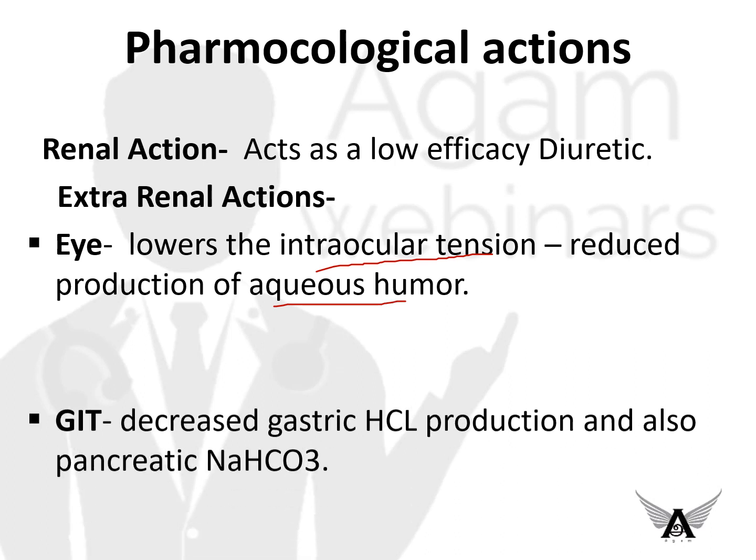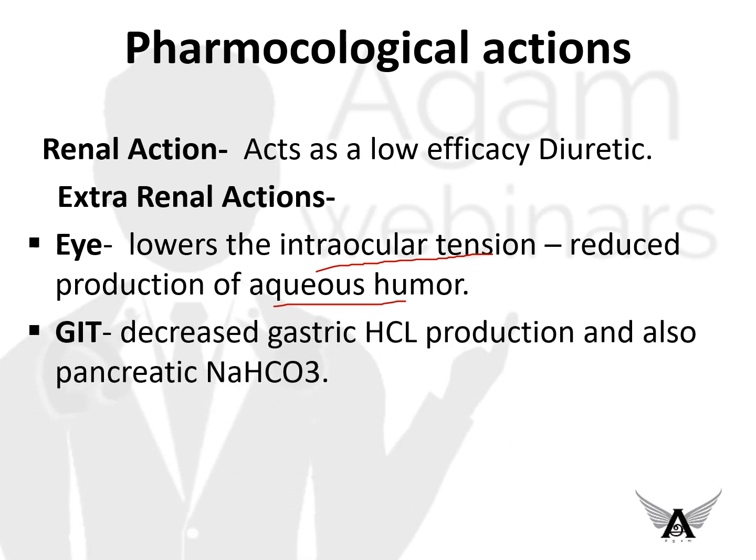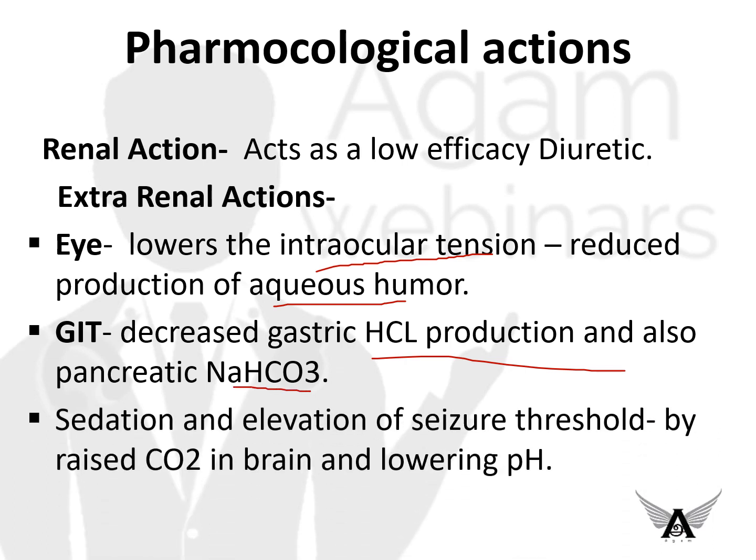Okay. And then in the GIT, it decreases the HCl production and also pancreatic sodium bicarbonate. Okay, and it's also used in sedation and elevation of seizure threshold by raised carbon dioxide in brain and lowering the pH.